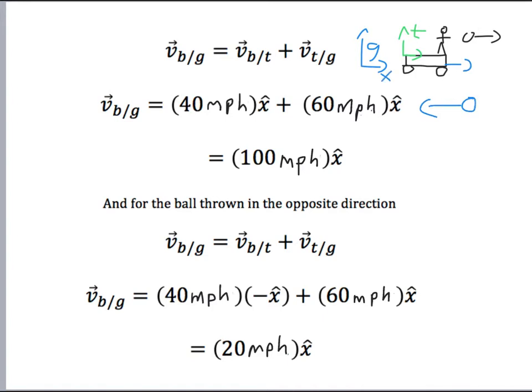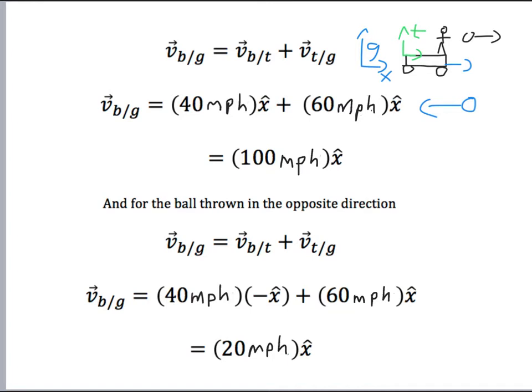Here would be my x-axis, and I would have the same for the green one. So here we would say that the velocity of the ball with respect to the ground would be 40 miles per hour in the negative x-hat direction, plus the 60 miles per hour that the train was moving, and then the ball, even though it was thrown backwards, would actually have a forward motion of 20 miles per hour.